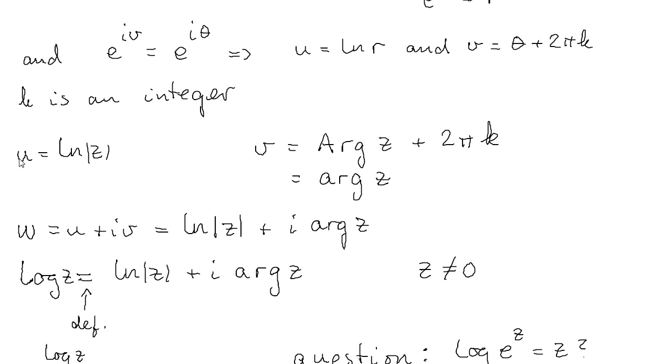So we have that u is ln of the absolute value of z. Moreover, this angle theta is just maybe taken as the principal argument value of z. So we just write it like this.